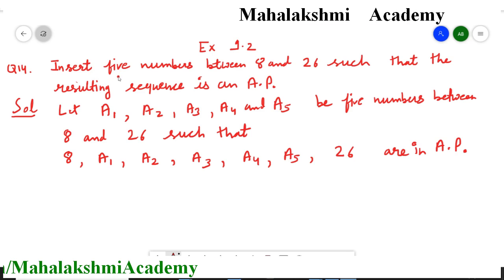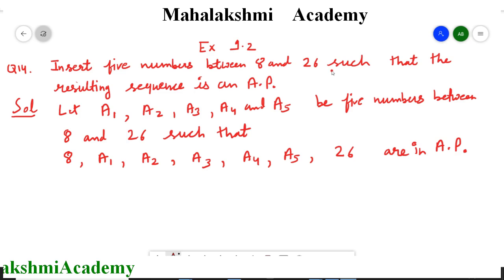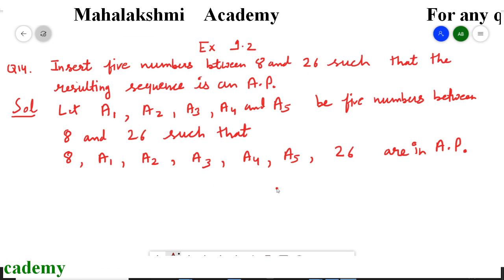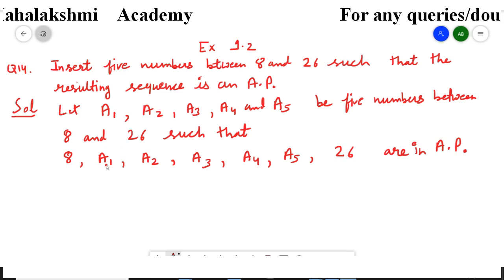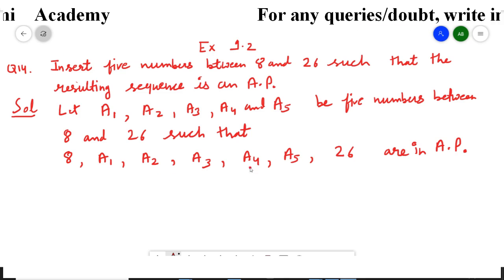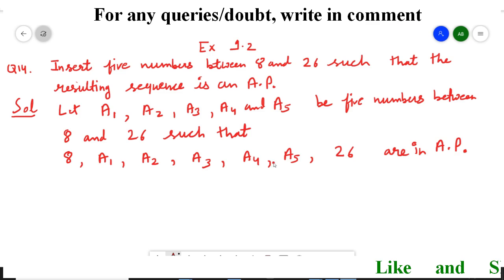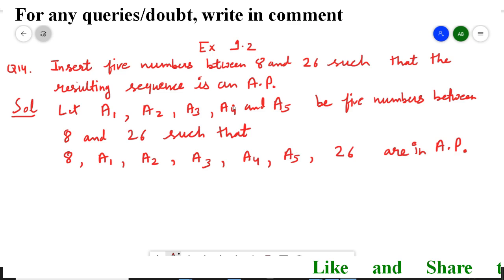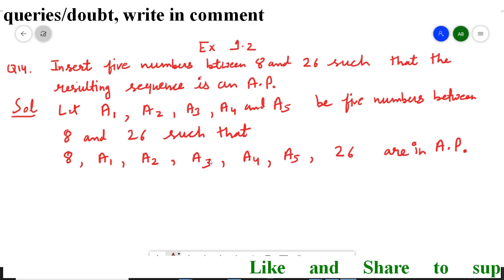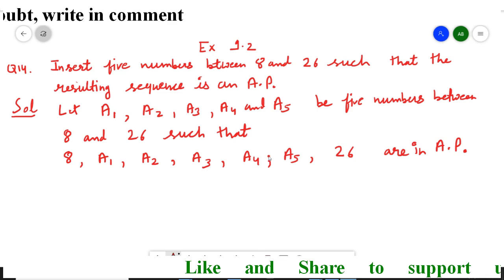The question demands that we insert 5 numbers between 8 and 26. So between 8 and 26, we inserted 5 numbers, and after inserting these 5 numbers, whatever sequence we obtain should be an AP. So we are assuming that this sequence is an AP.